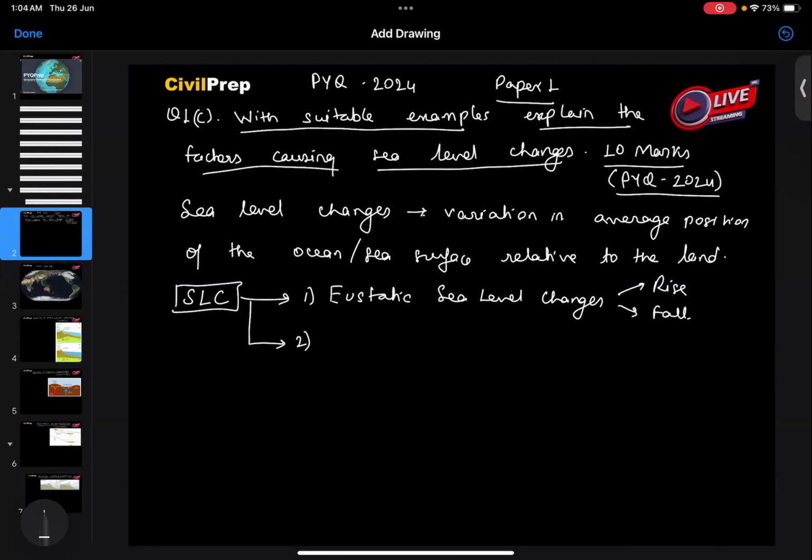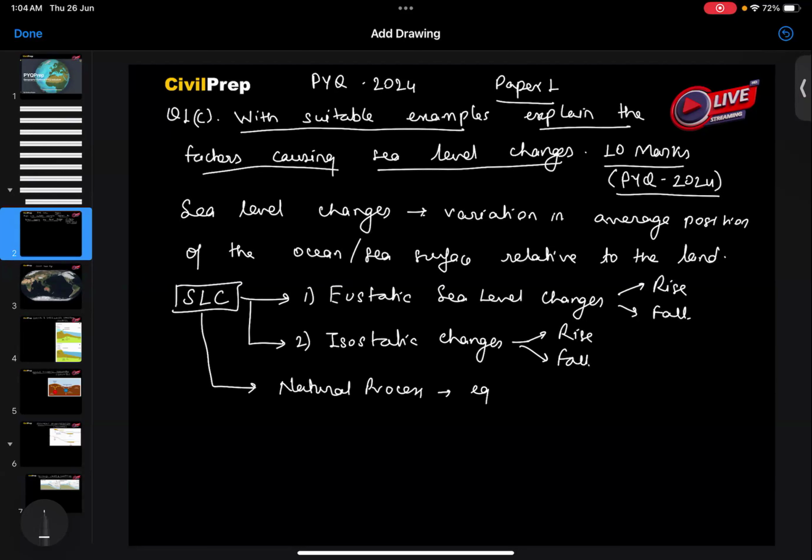Similarly, we have isostatic changes. Under the isostatic sea level changes, again we have rise in sea level as well as fall in sea level. So we'll see that sea level change is a natural process which has occurred multiple times.